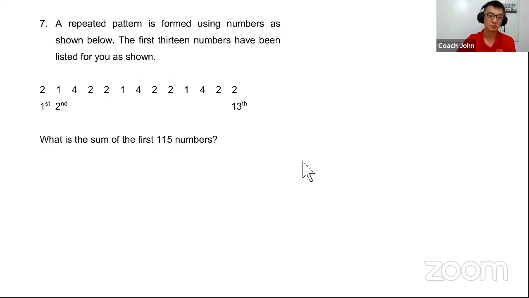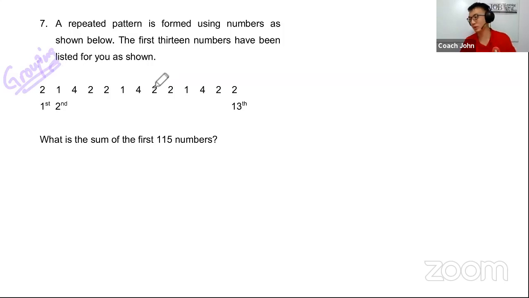Now this is something that is very common. It requires the child to be able to recognize where is one group. So first of all, when you see such a question, you know that it's grouping, because we have done many questions already, until we are able to spot some patterns.